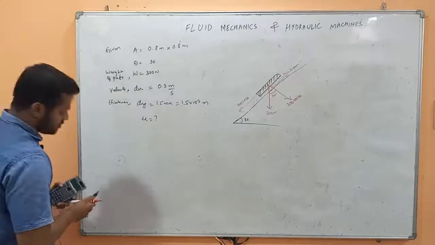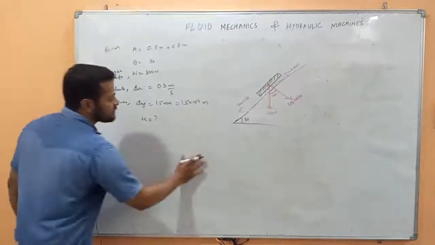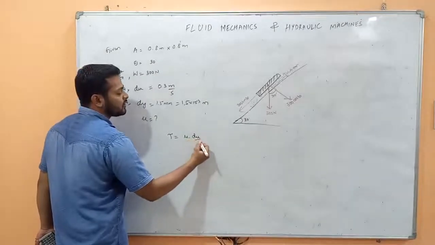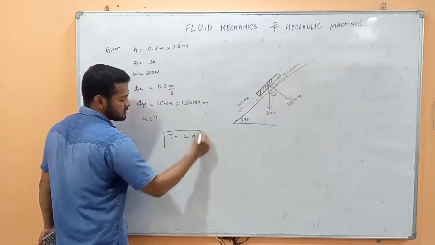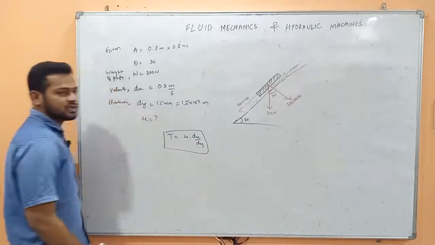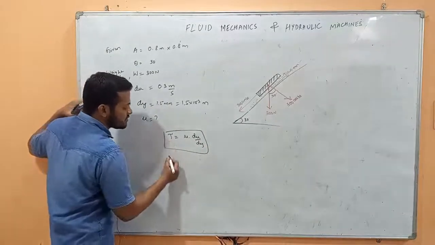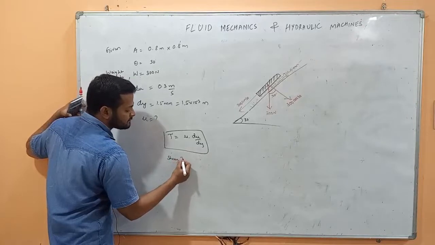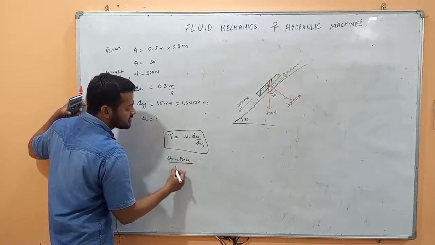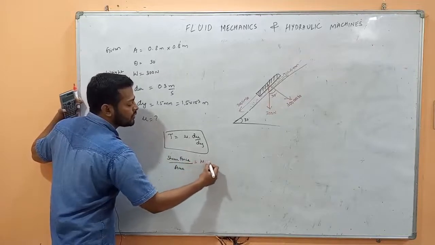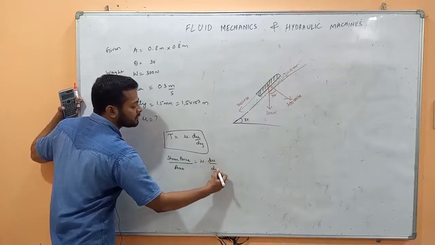Okay, so what is my Newton's law of viscosity formula? Tau is equals to mu into du by dy. This tau is called shear stress, but there is also a formula of shear stress. Shear stress is shear force by area. So shear force by area is equals to mu into du by dy.